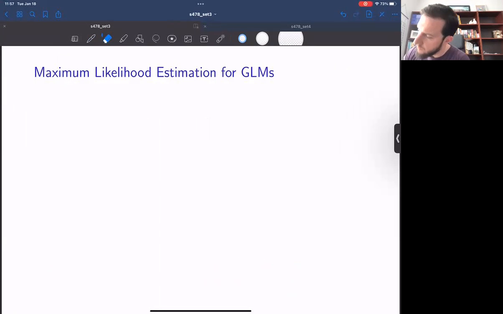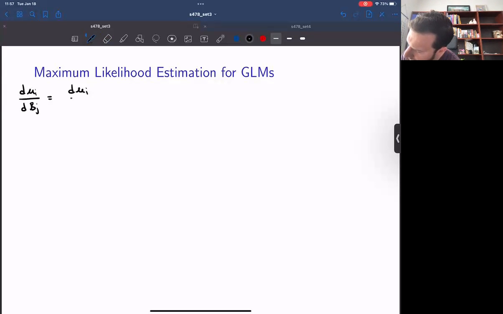So the last one is d mu i by d beta j. This is going to be equal to d mu i by d eta i multiplied by d eta i by d beta j.